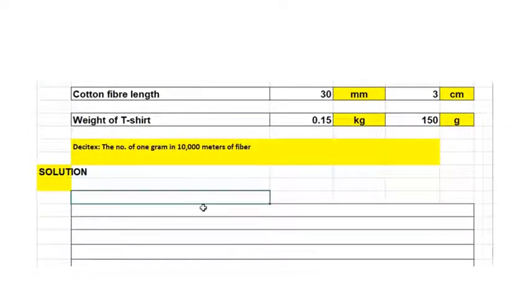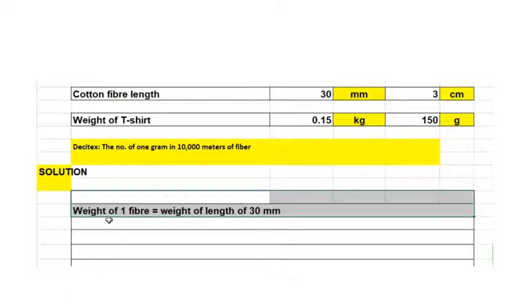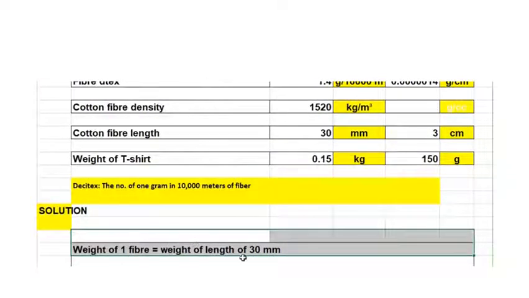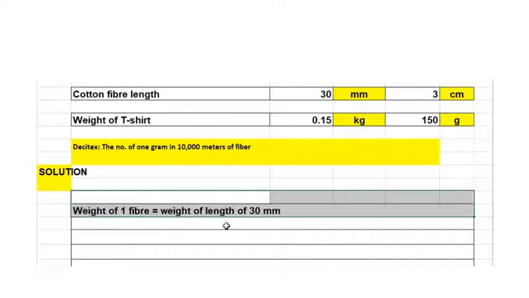So we'll go to the solution. We have to find the weight of one fiber, so that we can find the number of fibers in this weight. The weight of one fiber is the weight of a length of 30 mm, because one fiber is of length 30 mm.